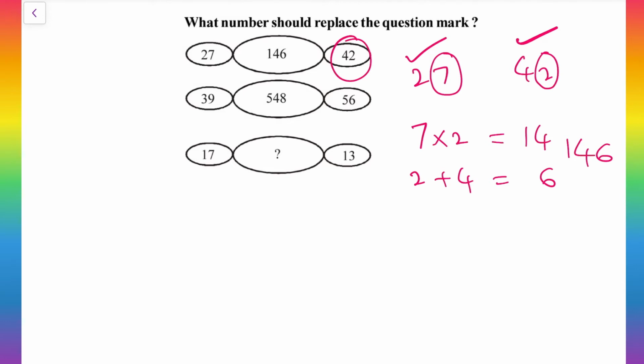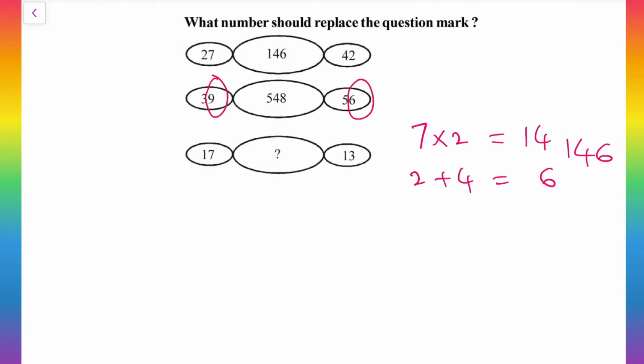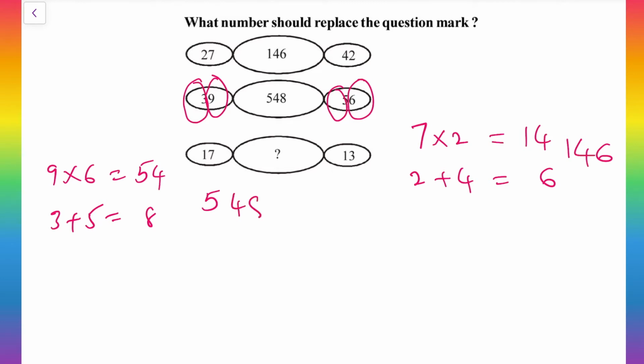Okay, now let us apply the same for the next also. Last digit is 9, last digit is 6. So 9 into 6 is 54. Remaining two digits 3 and 5. If we add 3 plus 5, it becomes 8. Now if we write these together, 548. Yes, this is the correct logic.